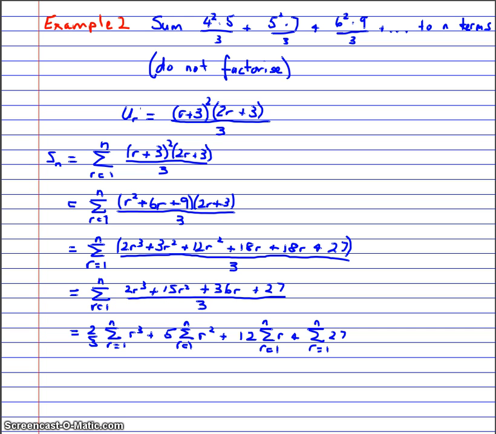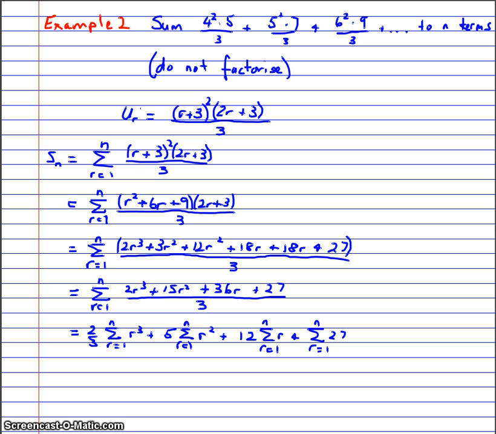So the 2r cubed over 3, taking the 2/3 out the front, left us just with the r cubed, and the 15r squared over 3, well, 15 over 3 is 5, so we've taken that out the front, and the same with 36 over 3, that becomes 12 out the front.